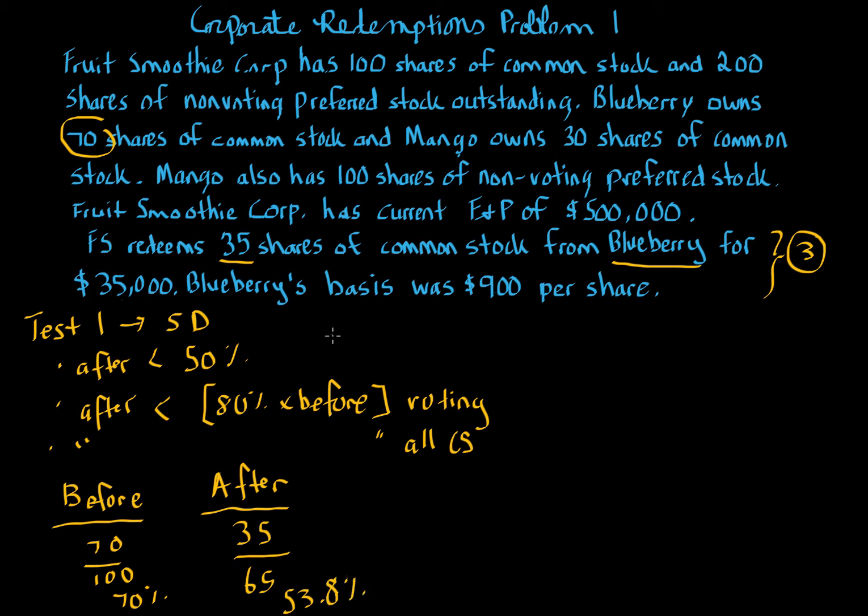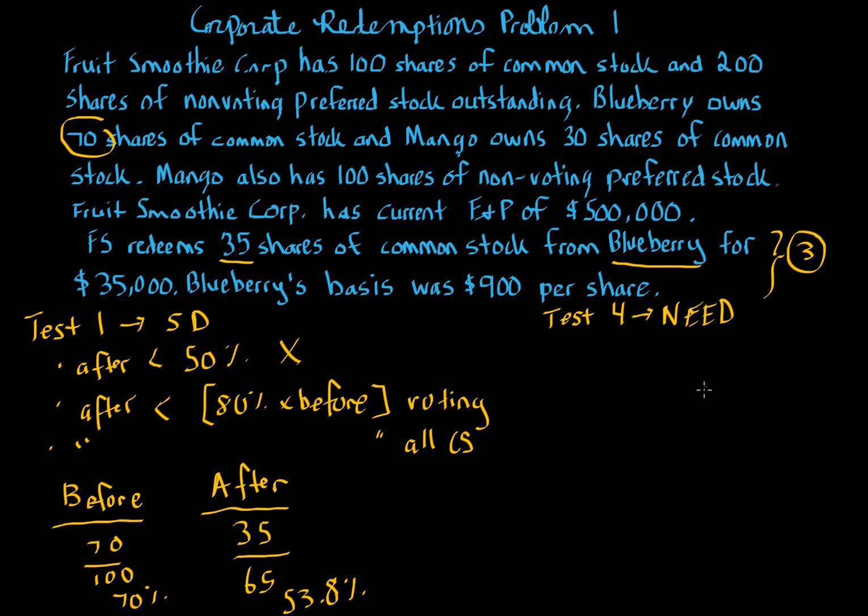So we go through our tests. We failed the first one, so it is not substantially disproportionate. We can stop right there because the after percentage is not less than 50%. Tests 2 and 3, complete termination and partial liquidation, are not met here. So we go to test 4, not essentially equivalent to a dividend. Under 302(b)(1), we need a meaningful reduction in control.